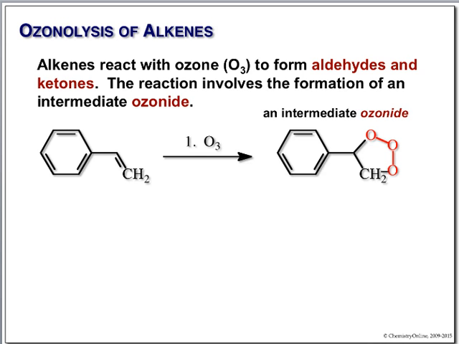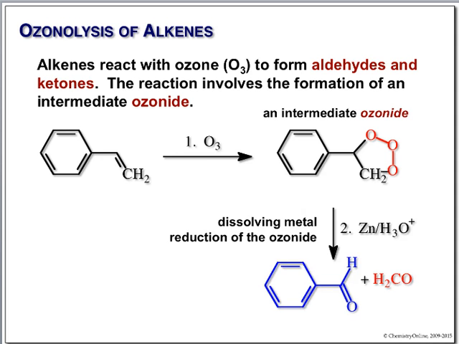Once we have the ozonide, we can break this open, and in the process of breaking it open, we're going to break the carbon-carbon bond that was in our alkene. Okay? So the conditions we use here, just zinc and acid, is called dissolving metal reduction.